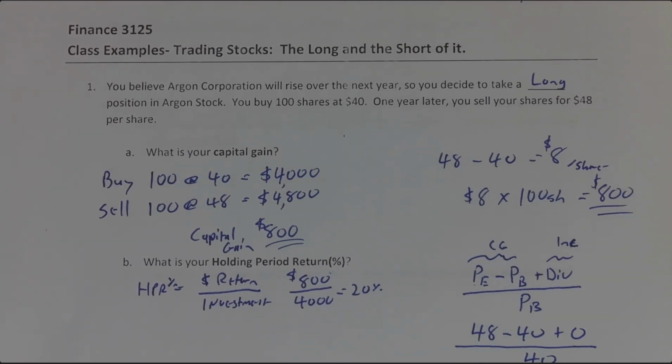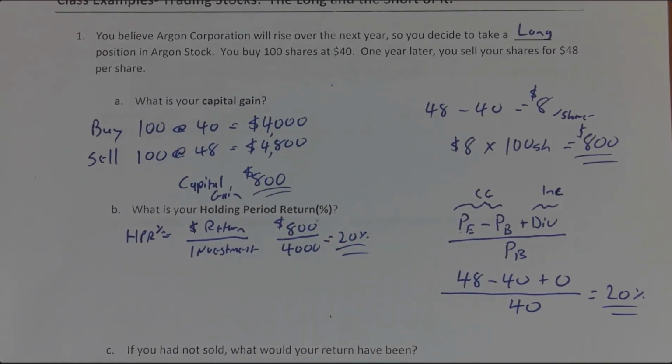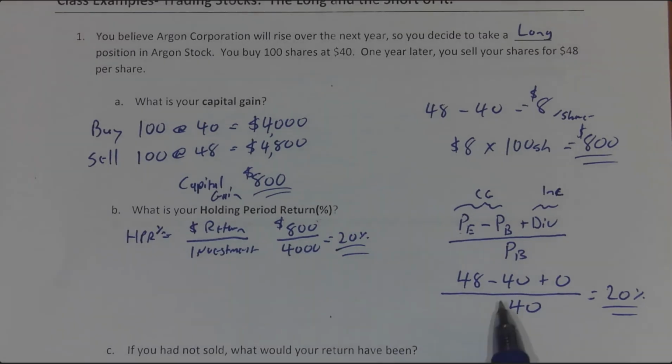That's 8 divided by 40, which equals 20%. So again, most of the time I calculate returns on a per share basis, but if I've already got the dollar return, it's easy just to divide by however much you invested.